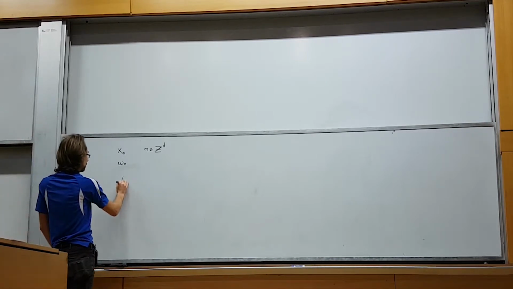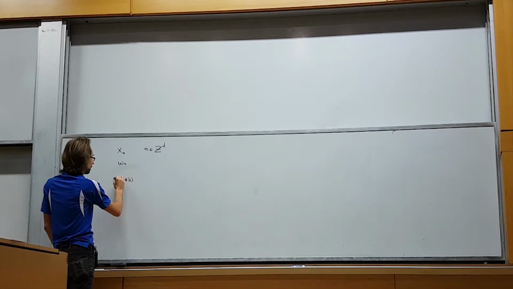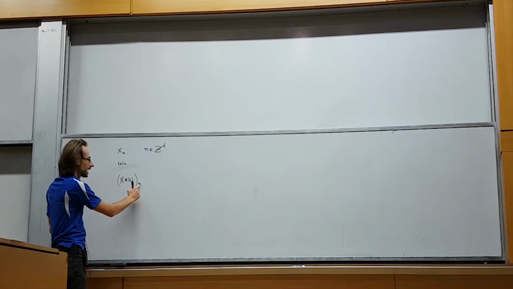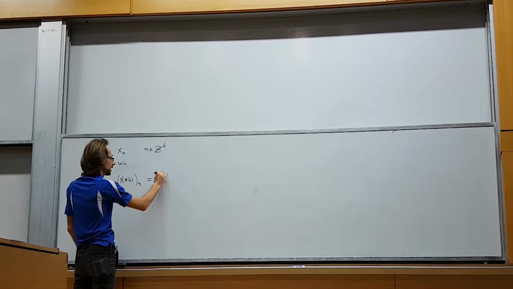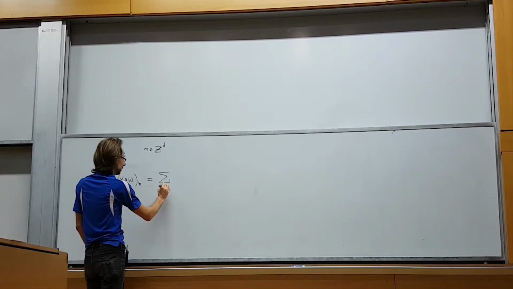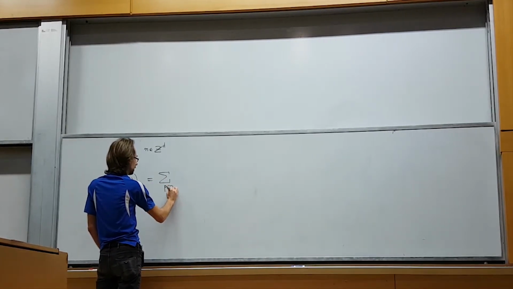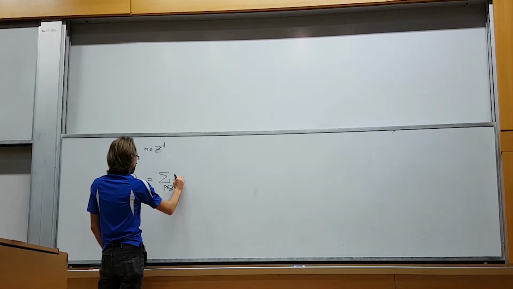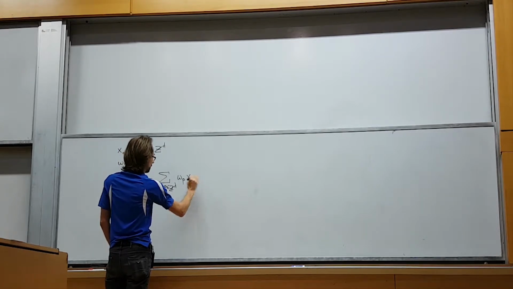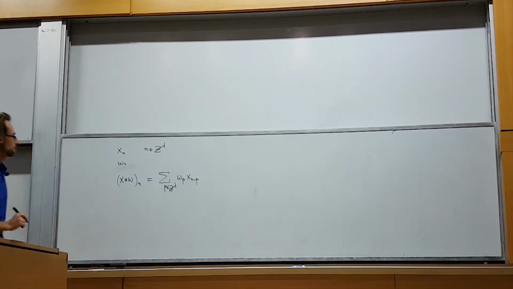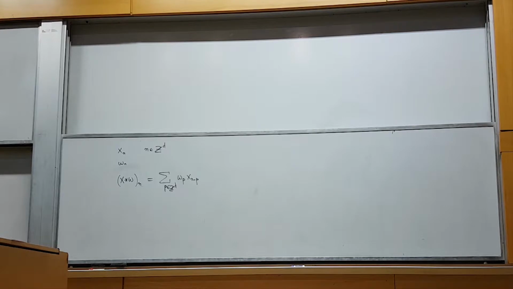The convolution of x with w at point n, and n again is a multi-index in Z^d, is given by the sum, let's say for p also in Z^d, of w_p x_(n minus p). Okay? This is convolution. And what is n? n is an index. It doesn't matter, it's a symmetric function.